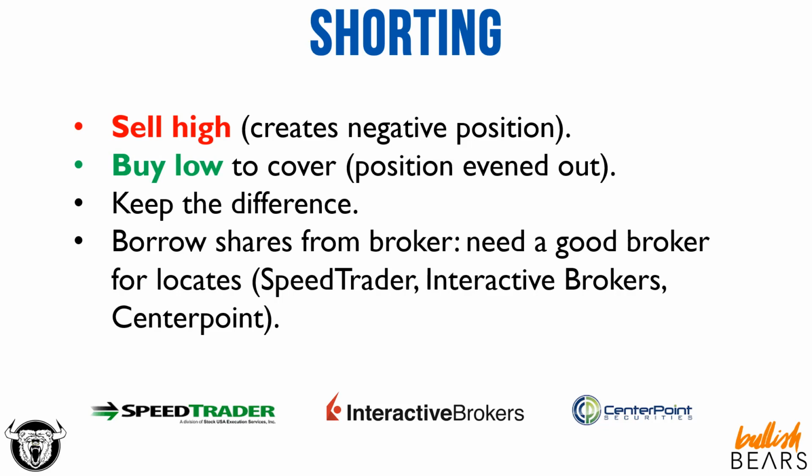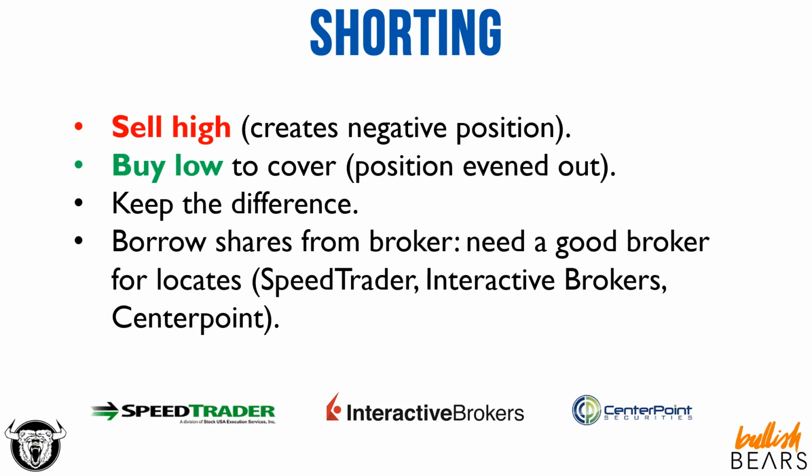The best brokers, or a few of the best ones for locates for shorting, are Speed Trader, Interactive Brokers, and Centerpoint. Interactive Brokers is a little bit more of an economical broker. Speed Trader and Centerpoint usually get you the best locates.